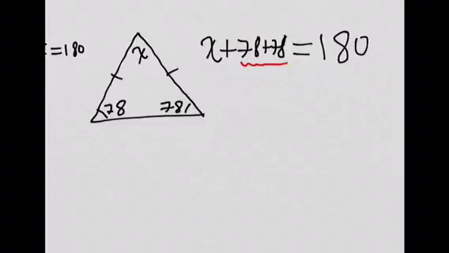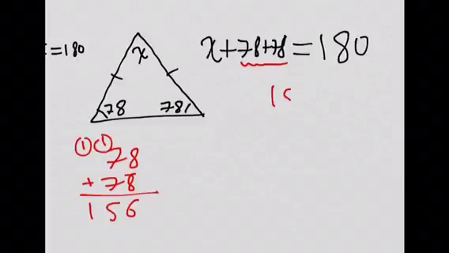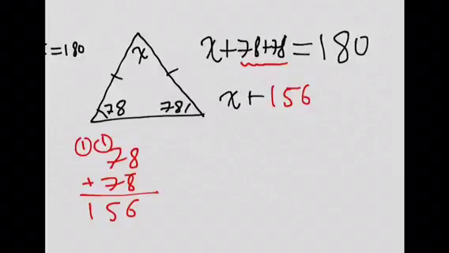But I'll just model it down here. 78 plus 78. 8 plus 8 is 16. 1 plus 7 is 8, plus 7 is 15. Okay, so 156. And now we have X plus 156 is equal to 180.